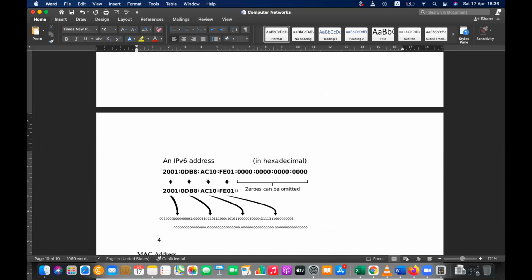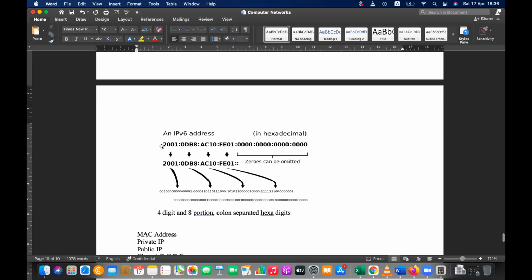Like 4-digit, 8 portions, colon separated hexadigits. So you know one hexadigit will have 4 binary bits.